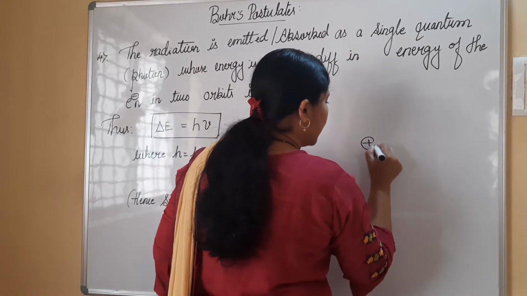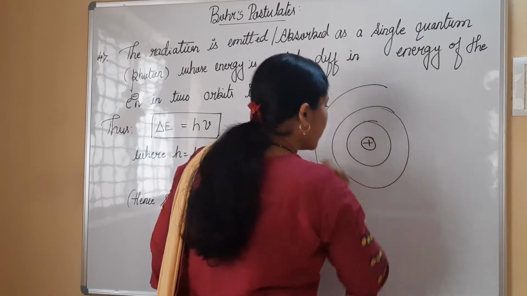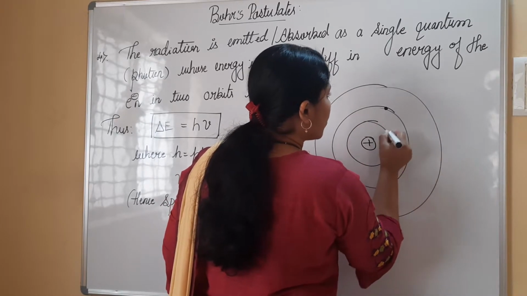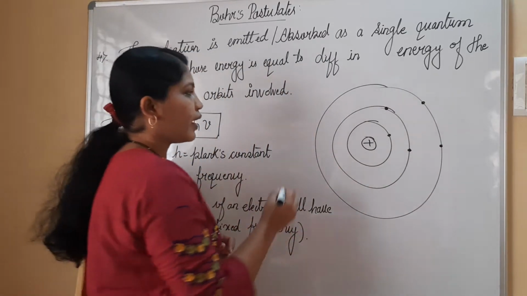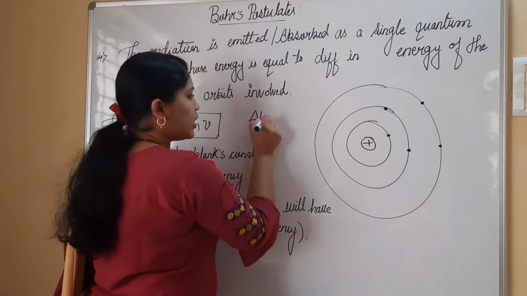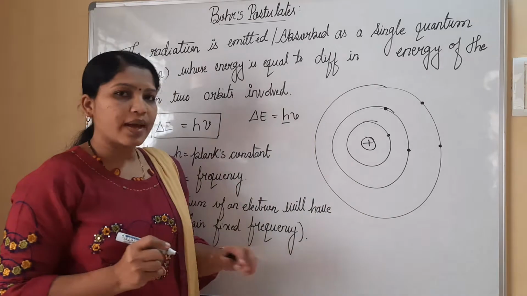I'll have a central nucleus, and certain orbits present here. I'll have certain electrons present in an orbit also. Whenever we provide an amount of energy h nu, ΔE equals h nu, where h is Planck's constant.